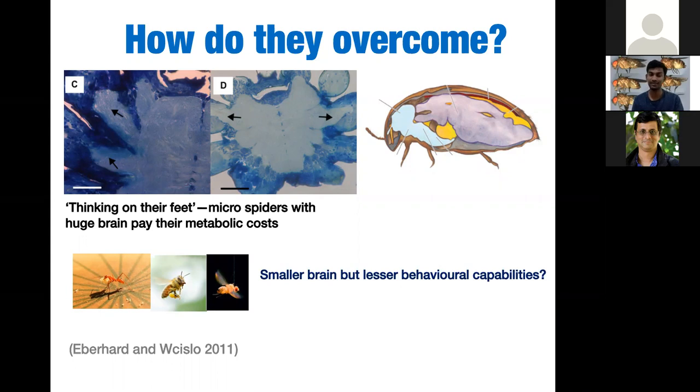They can't push their brain from the head towards the thorax, for example, in ants or flies or bees. So it has been hypothesized that they just have a smaller brain, and they may have lesser behavioral capabilities than their ancestors, which had bigger brains. That's the other hypothesis.